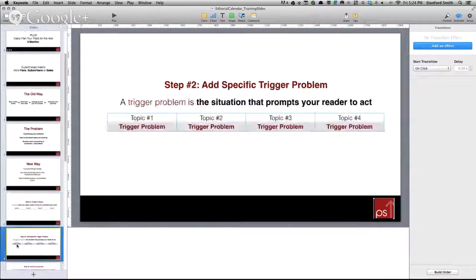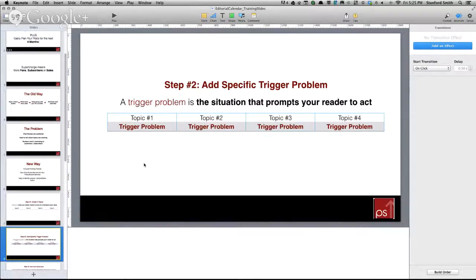The next thing is that you want to come up with a trigger problem for each one of your topics. Okay, and I define a trigger problem as the situation that motivates or prompts your reader to take action, for them to jump on Google and do a search.